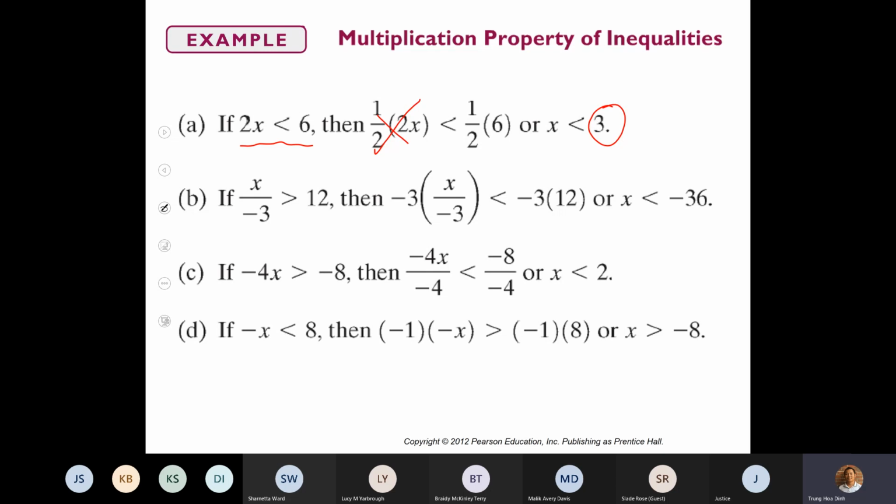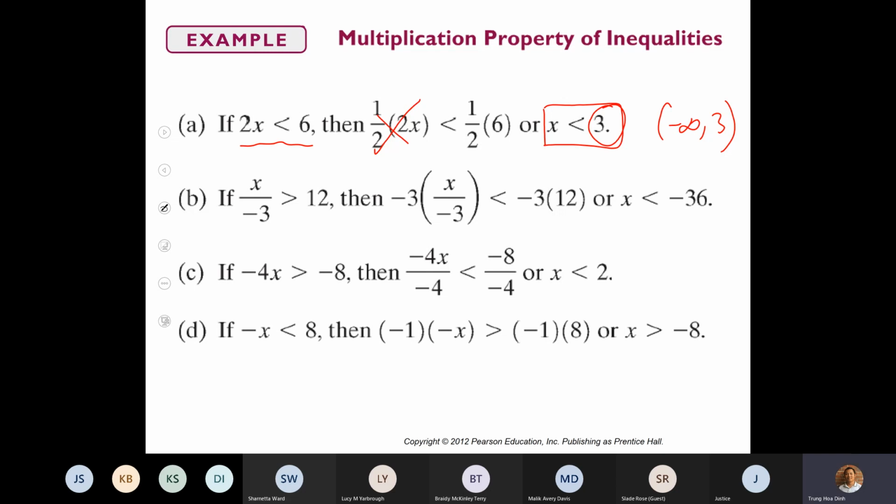You don't need to change the direction of the inequality, because you divide by a positive number. Does that make sense? Working with positive numbers, we don't have any issue. Agree? So you get x less than 3. Or sometimes you write it as negative infinity to 3, and 3 is not included.